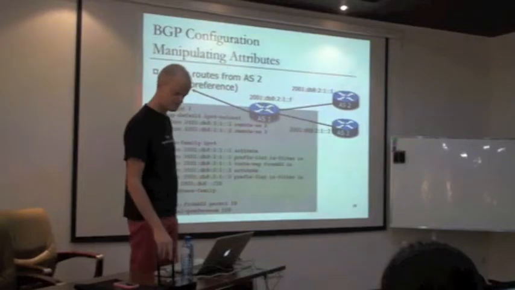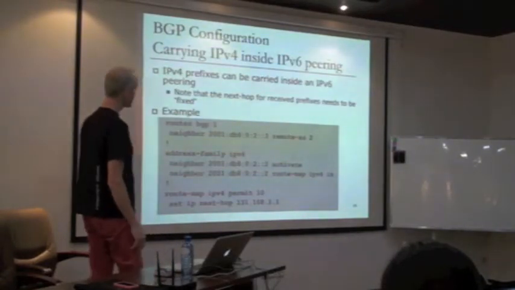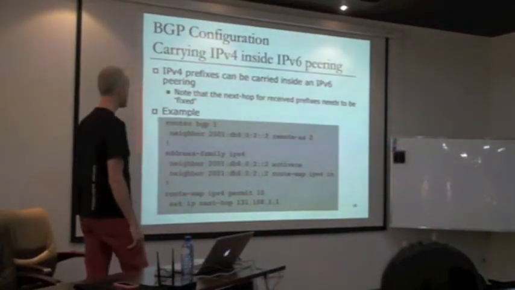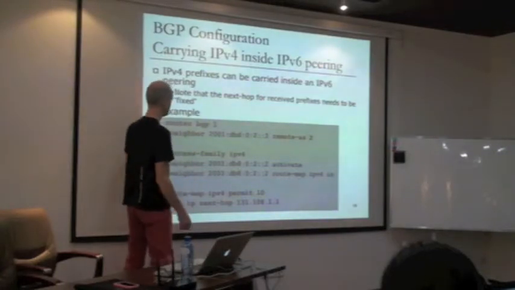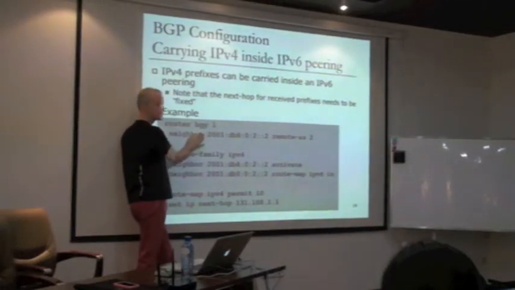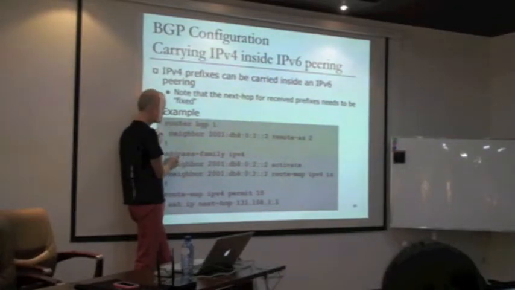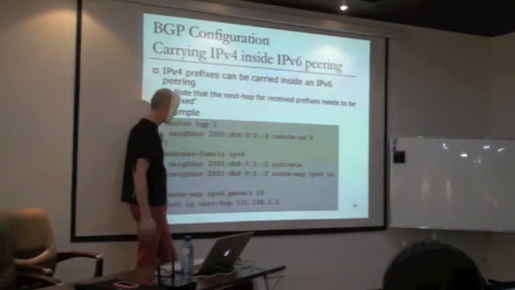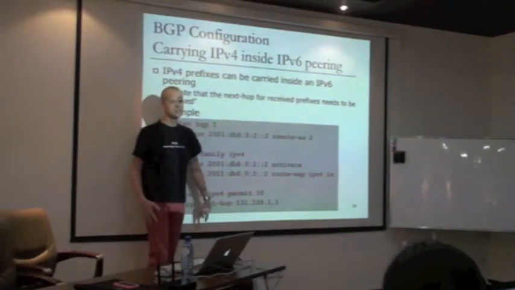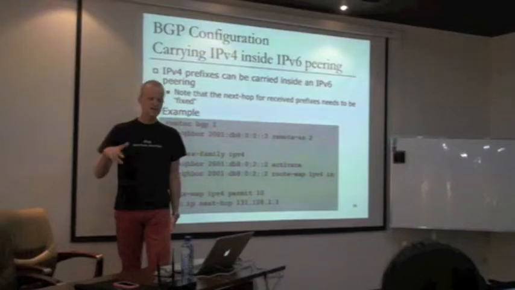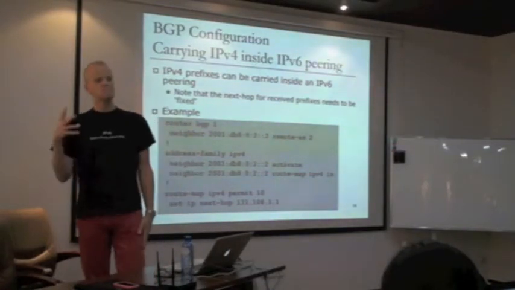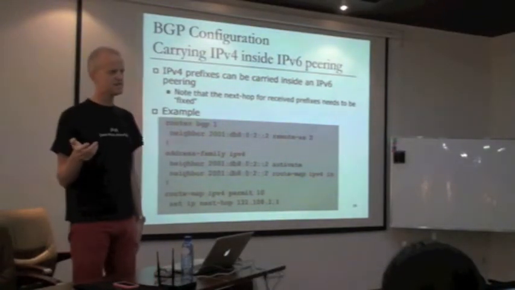Nothing is different. You can carry v4 prefixes inside of a v6 peering. So you do neighbor, v6 address, address family v4, which says I'm going to carry v4 prefixes in this peering. You can do it if you want. The only problem is you've then got to fix the next hop. The next hop address for a v4 destination must be a v4 address.